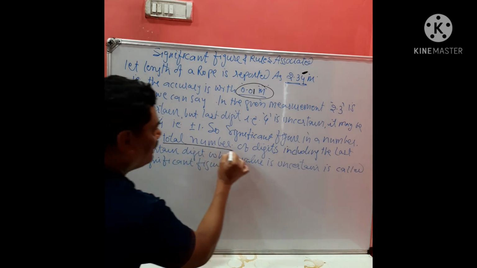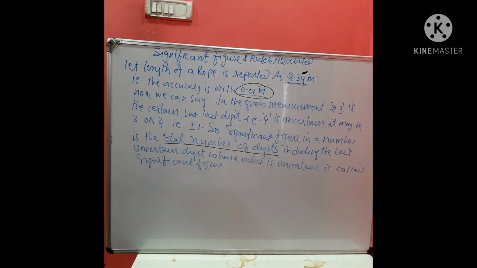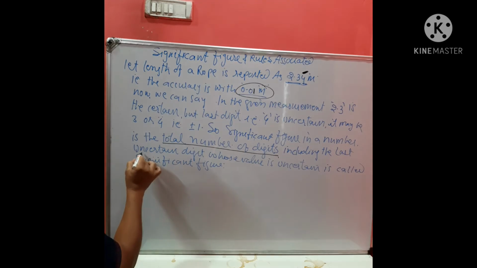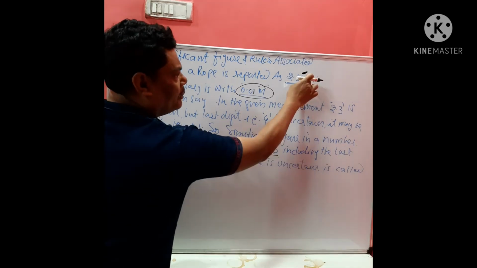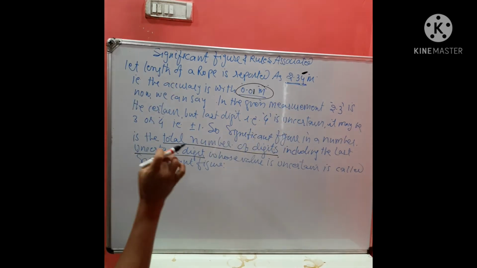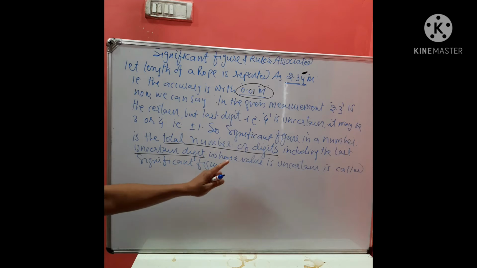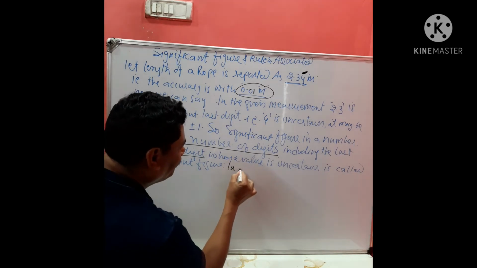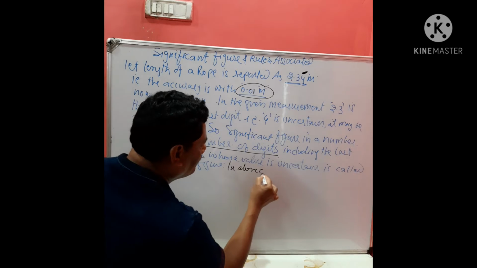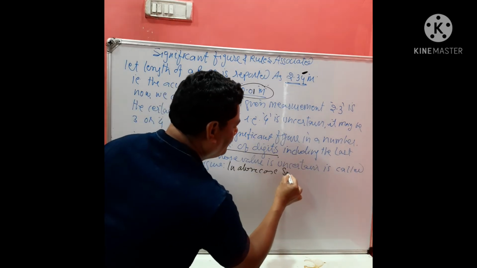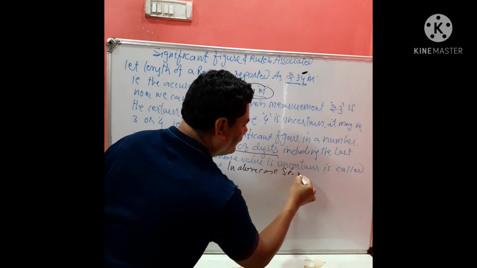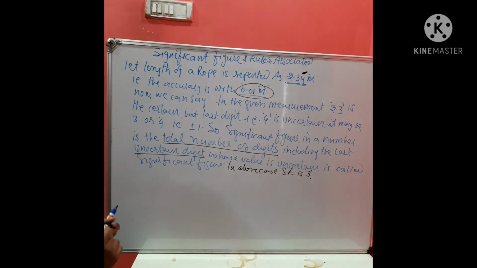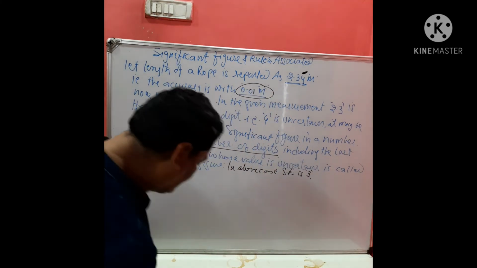It is the total number of digits, like 2 and 3, including the last uncertain digit 4, whose value is uncertain. In the above case, the significant figure is 3, because 2 digits and 1 digit.